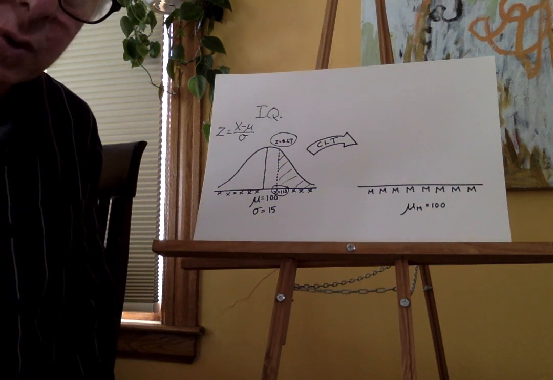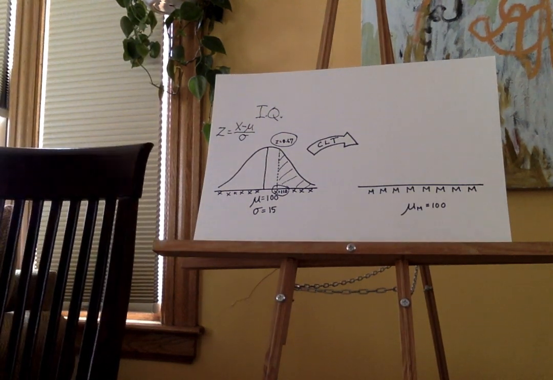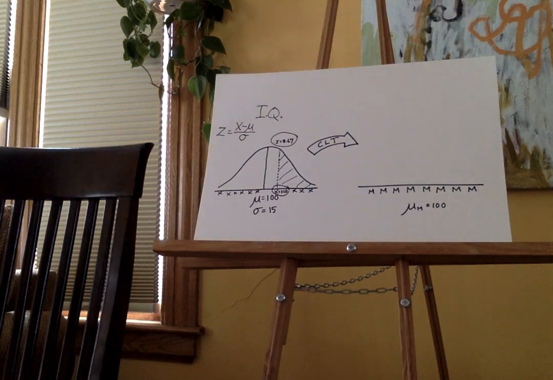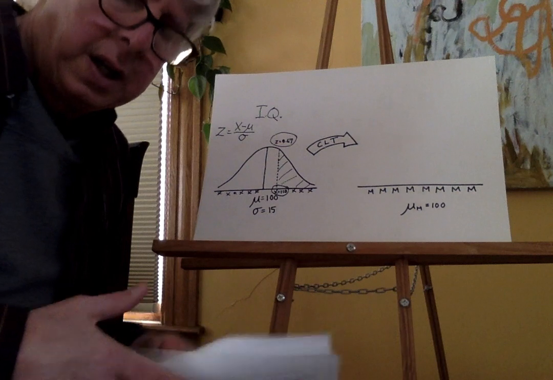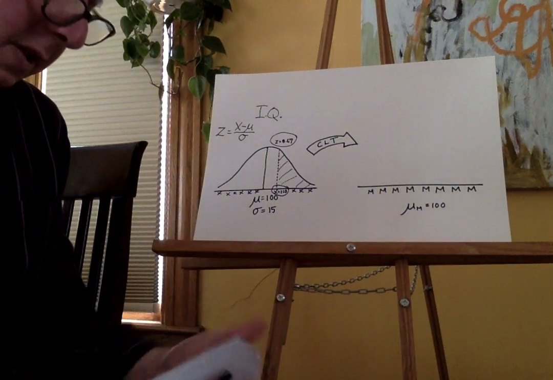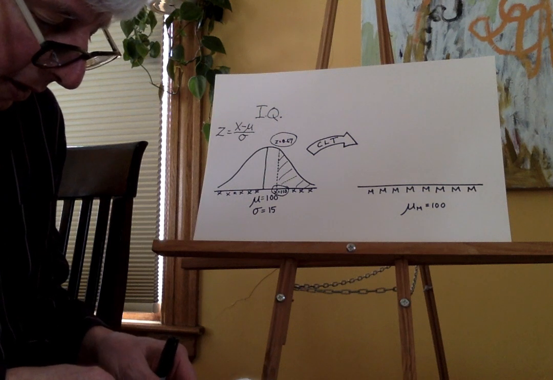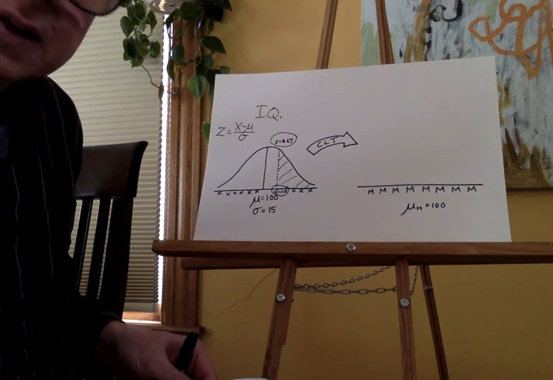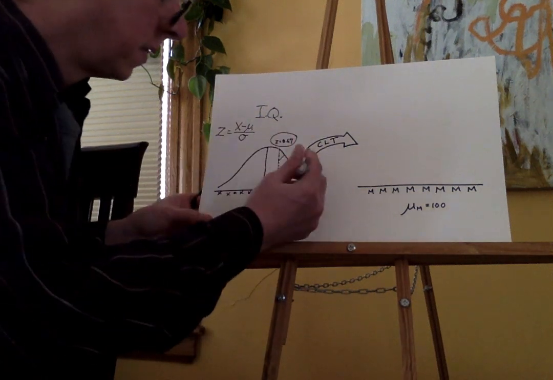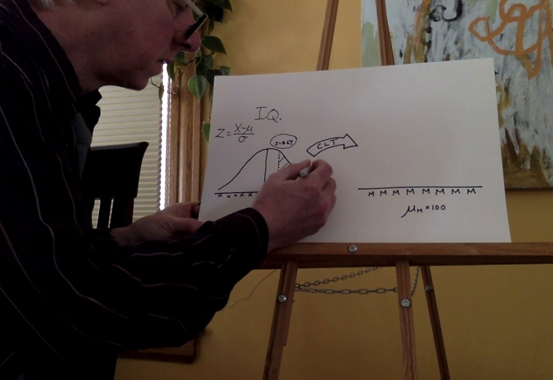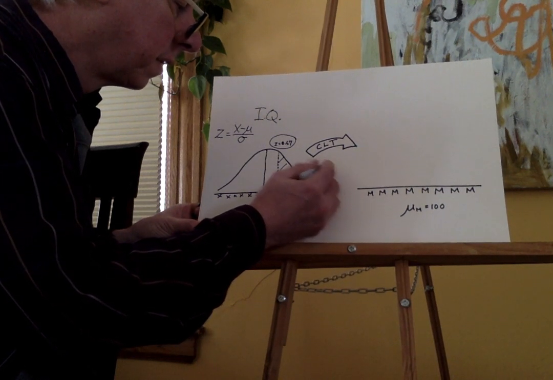Now I'm going to use my z-score table like we've done before, and I'm going to look at a z-score of 0.67, so the percentage in the tail is 25.14%.